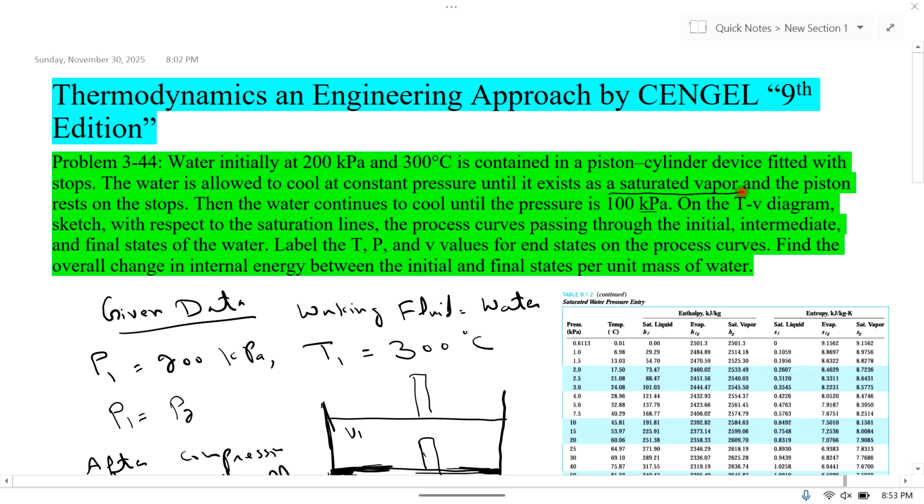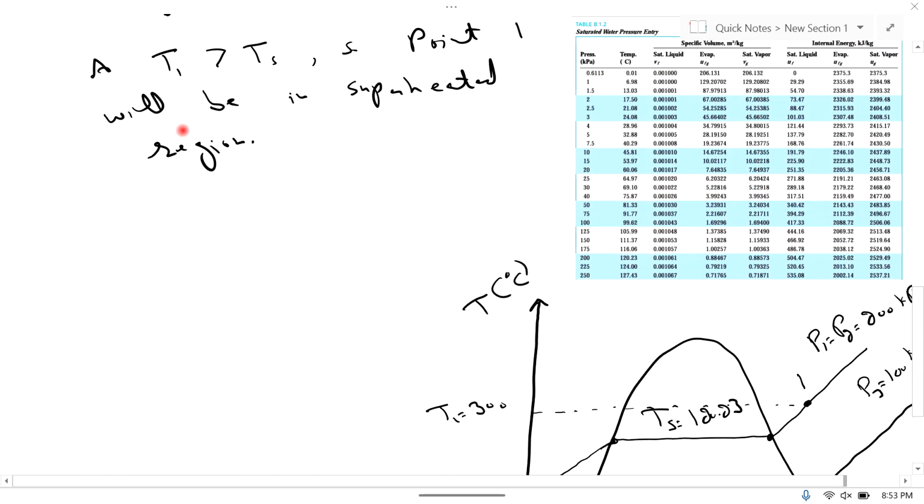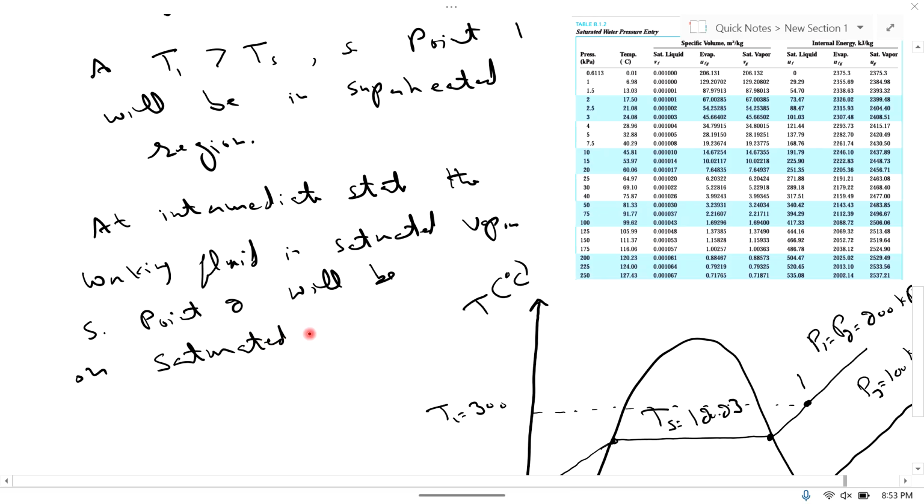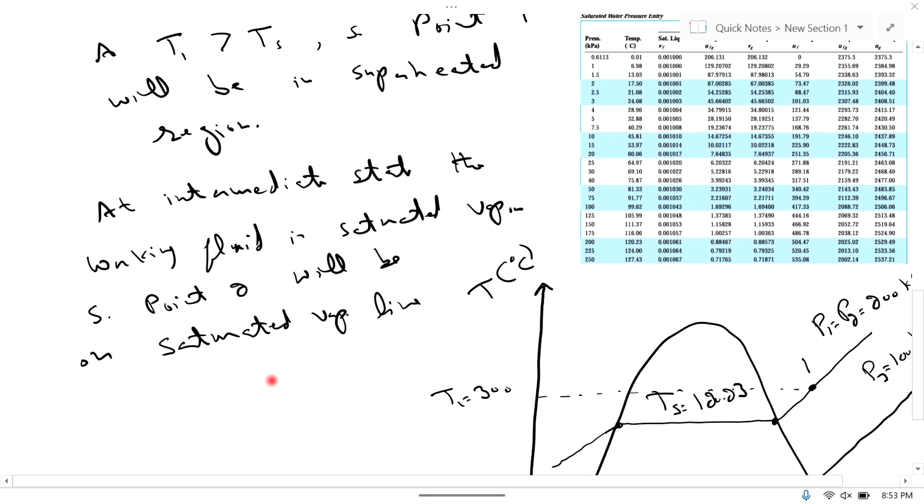So at the intermediate state, the working fluid is saturated vapor, so point 2 will be on the saturated vapor line at a pressure of 200 kilopascal.